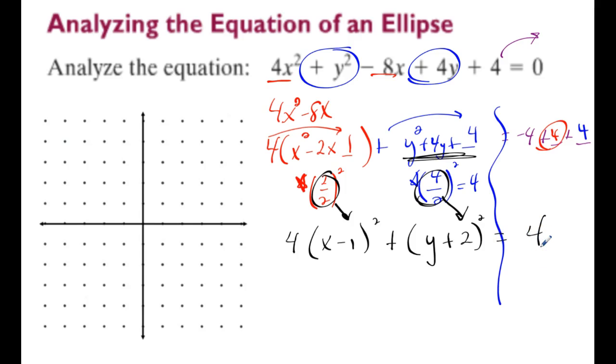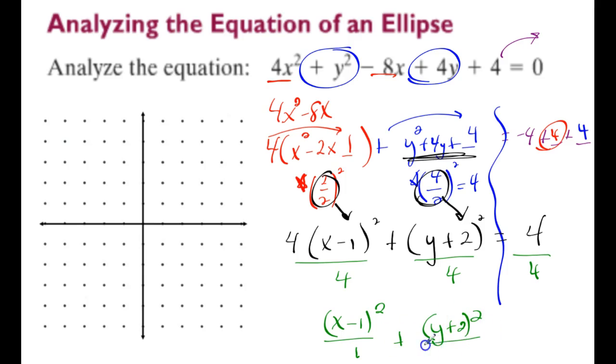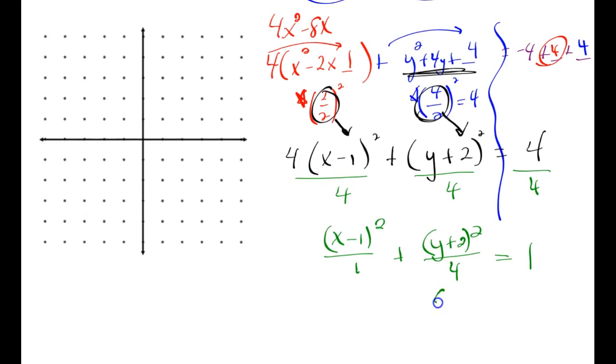Well, remember, ellipses are not set equal to 4, they're set equal to 1, so I'm going to divide each term through by 4, and I'm left with x minus 1 quantity squared over 1 plus y plus 2 quantity squared over 4 equals 1. Now the larger number here is 4, so I'll take the square root of it and get the value of a, and I know that it's a vertical ellipse because the larger value is underneath the y value.